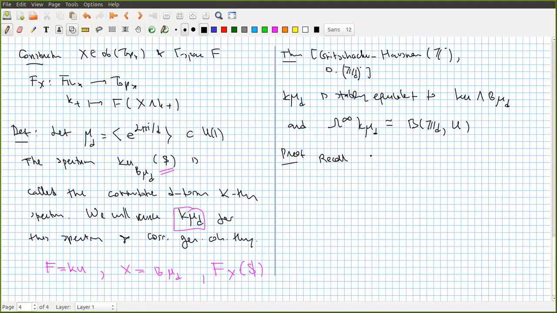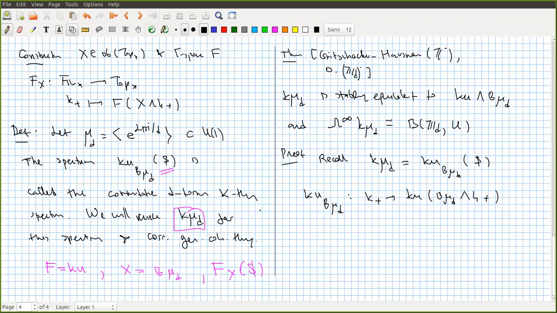Okay, so recall that K_μ(D), as we just discussed, is the spectrum associated to this Gamma space. And this spectrum takes K⁺ to K_μ applied to Bμ(D) smash K⁺. Okay, so this is just a reminder.